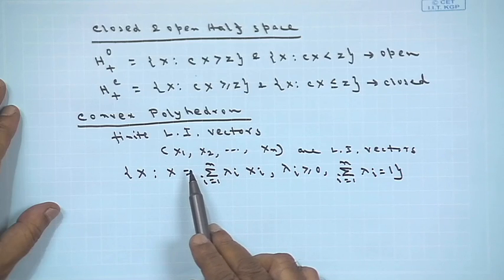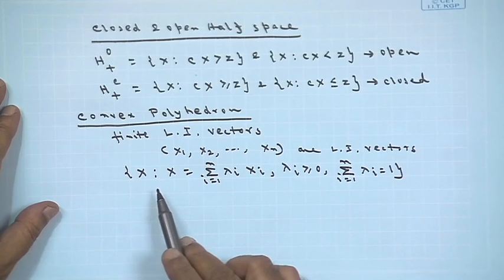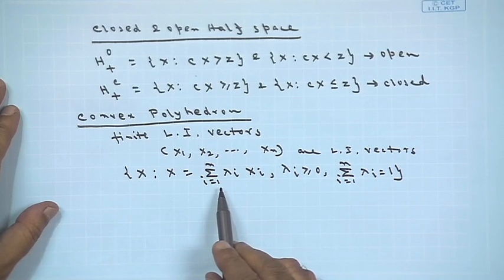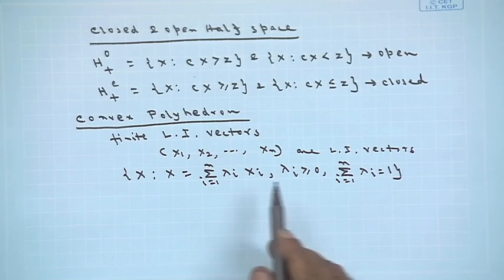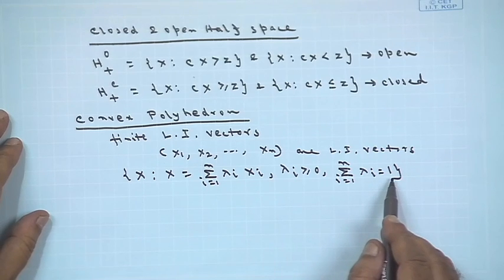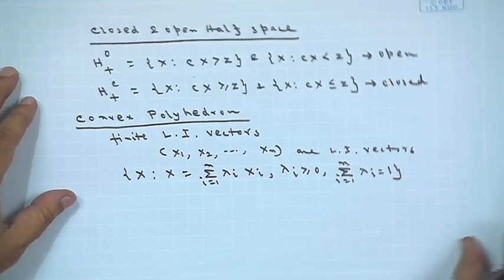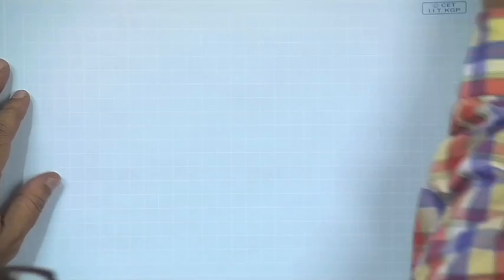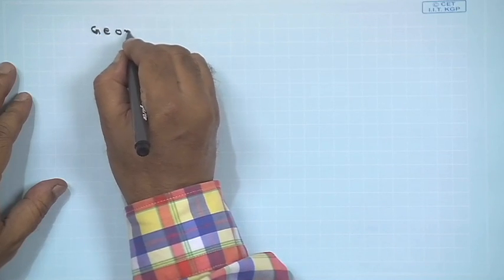So, if we can find a set x such that x equals summation i equals 1 to n lambda i x i, with lambda i greater than or equal to 0 and summation of all these scalars lambda i equal to 1, this will form one convex polyhedron. So, now you see the geometry of LPP.